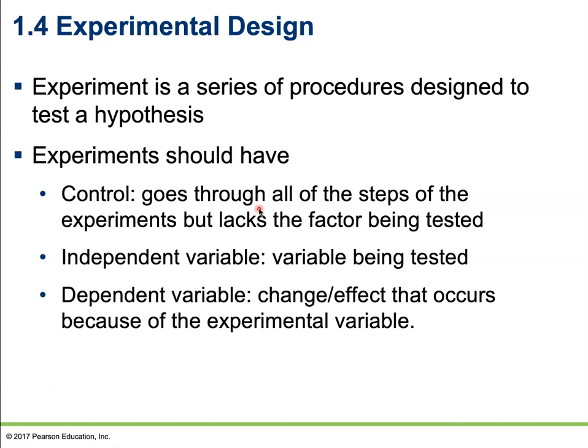In other words, our independent variable is going to be peanut butter. Our dependent variable will be a positive or negative result for sugar. So our control is going to run through the experiment, our peanut butter is going to run through the experiment, and what we are looking for is this dependent variable, that presence of sugar.